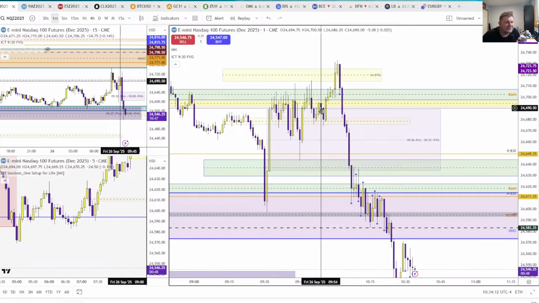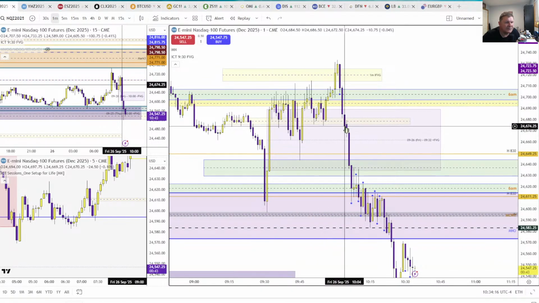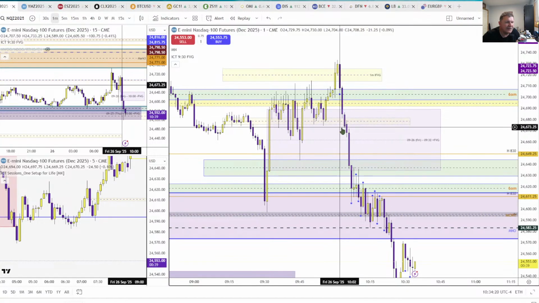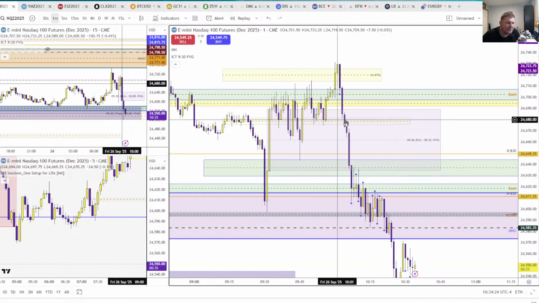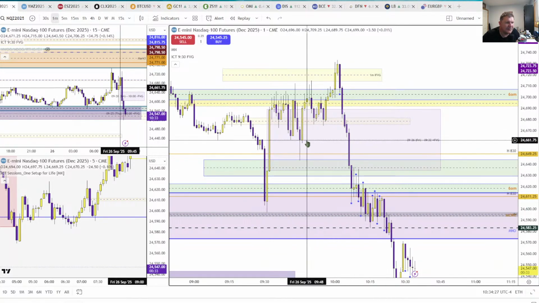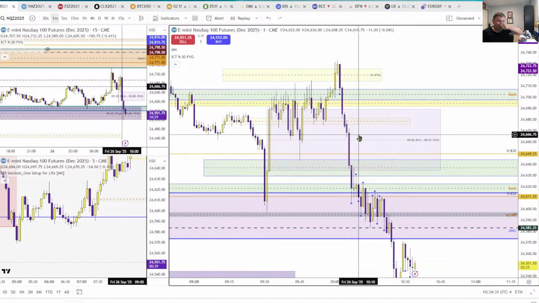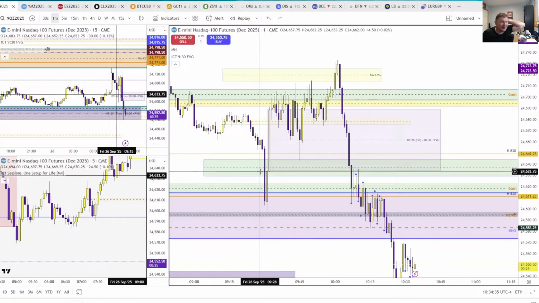This is the only one I can see right here, as this breaker was taken to the downside on a close, and you come back up inside it right here for a short. That's the only confirmation I can see for a short in this whole return. And then wait for market structure shift again. And that would have been just a simple trade here to the box.